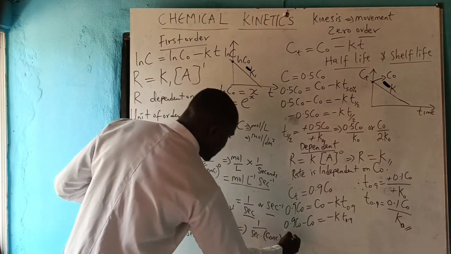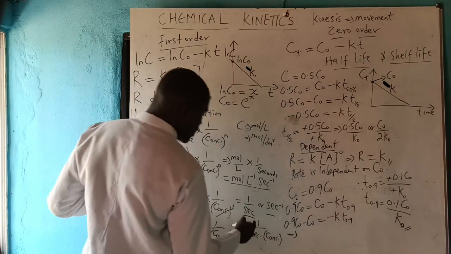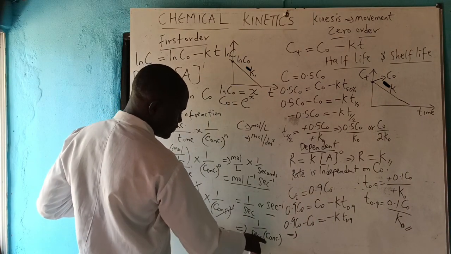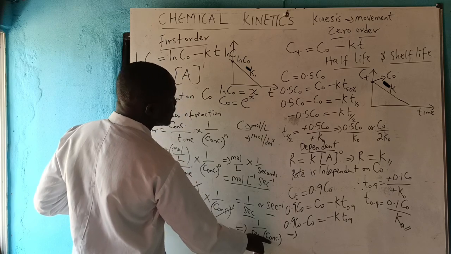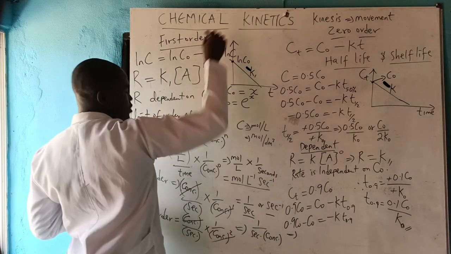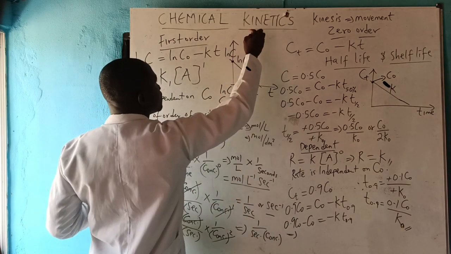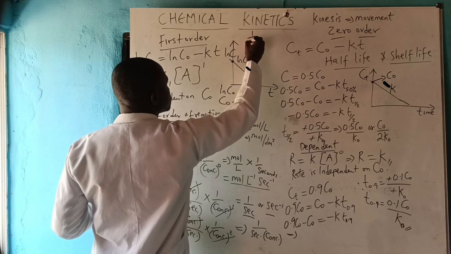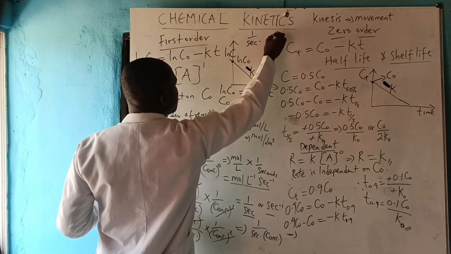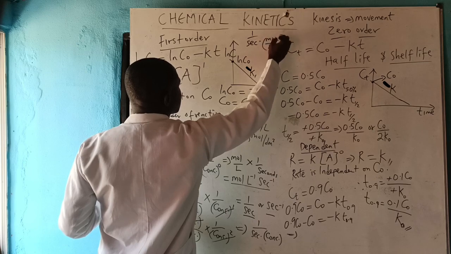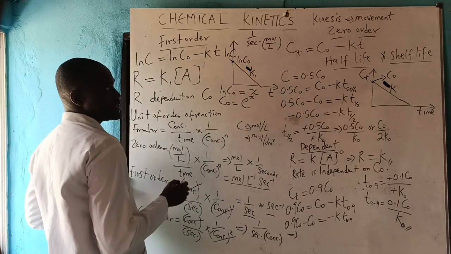So what is the unit? The unit of it is, for the concentration, let's sort it out. For the concentration, we say concentration is what? Mole per what? Liter. Are you getting it?